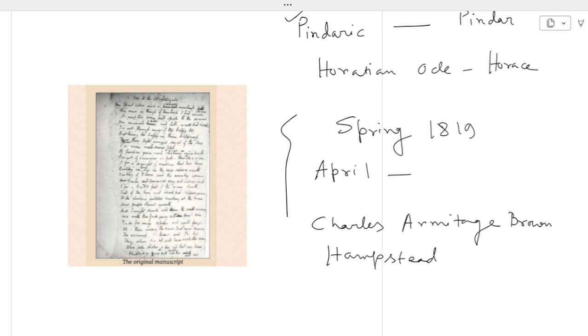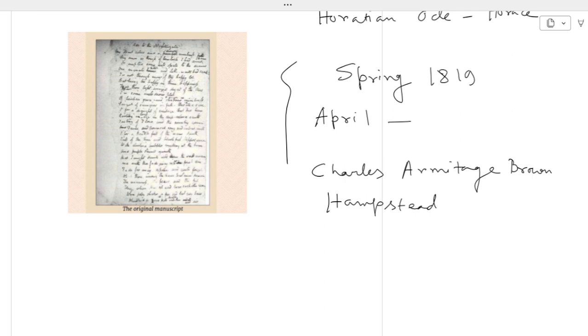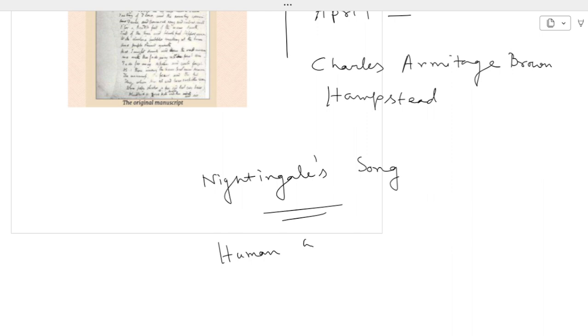This poem's theme: it is an ode to a nightingale, but after you read the poem you will feel that it is not praise of the nightingale, or of the song of the nightingale. The subject of the ode is not the song of the nightingale. The nightingale's song is just a symbol. What symbol? Human aspiration.